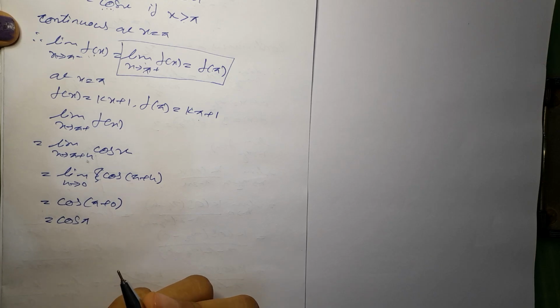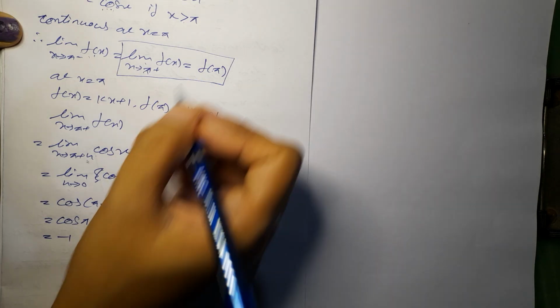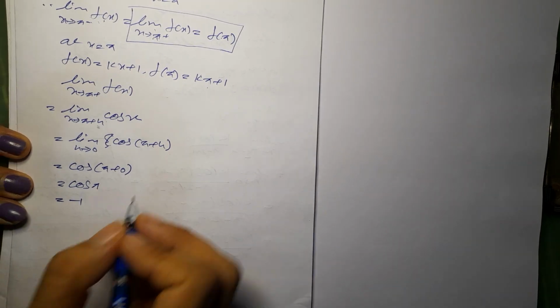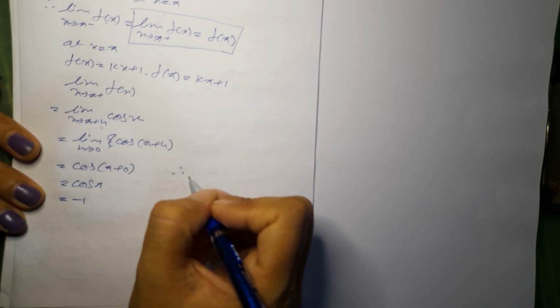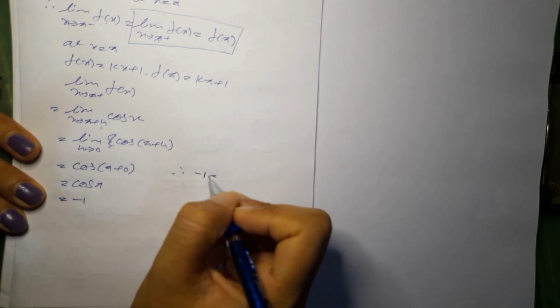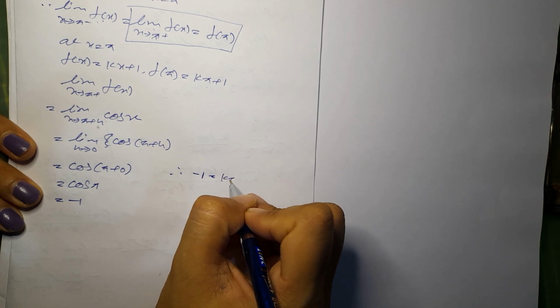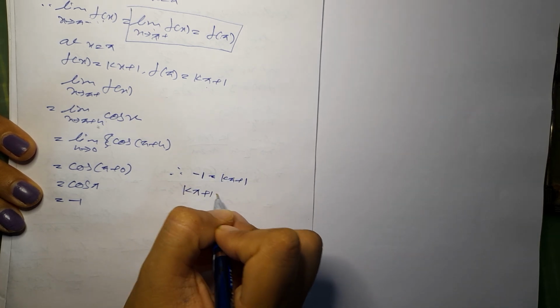Value of cos pi is minus 1. And these are equal. Therefore we got the value of the right hand limit as minus 1, and f of pi is k pi plus 1. So we can write k pi plus 1 equal to minus 1.